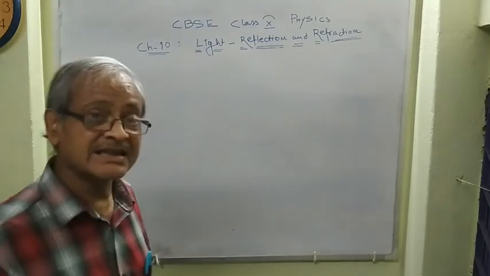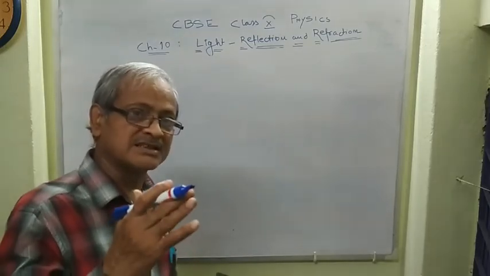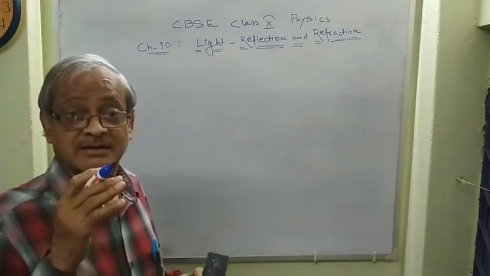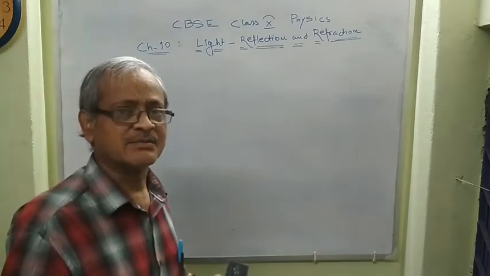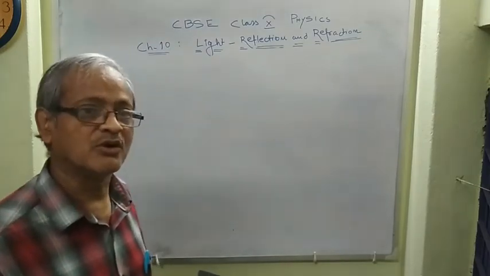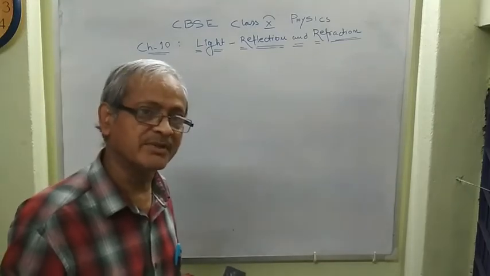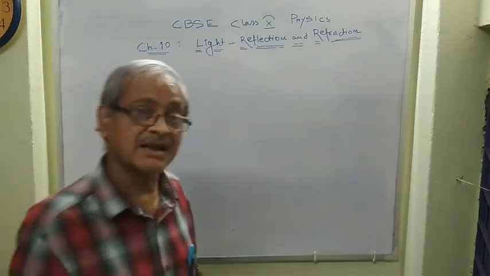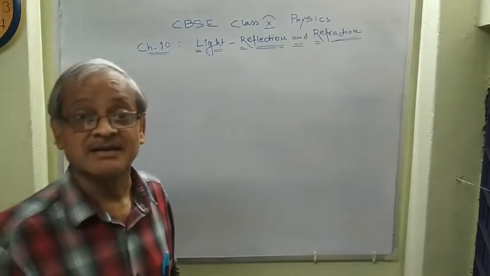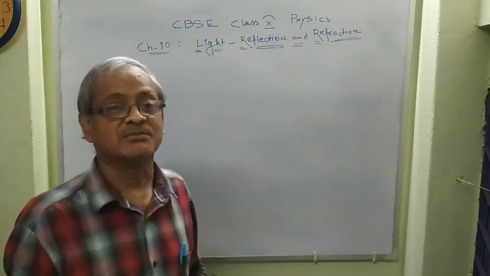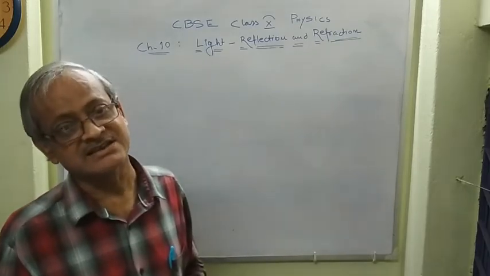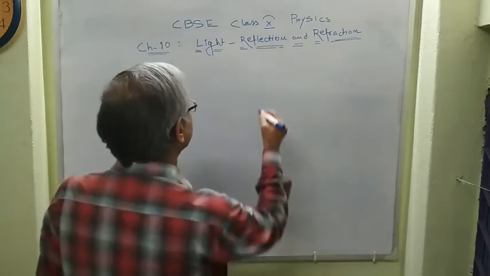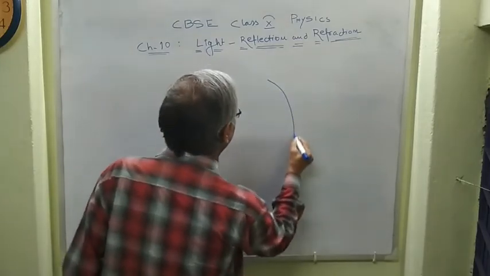Now, in the case of a spherical mirror, we measure all distances from the pole of the respective mirror, right? In the case of a lens, we use the optical center of the lens as the origin from which all distances are to be measured. Right?